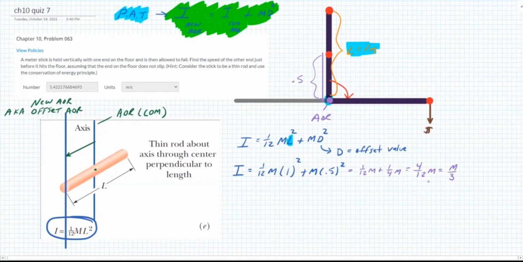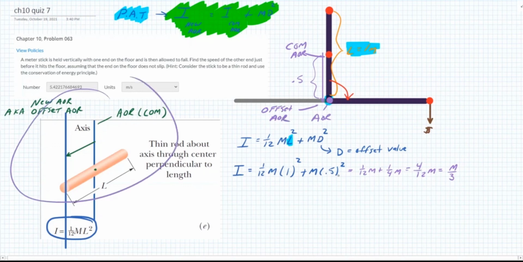This is the rotational mass of my meter stick, because it's not spinning about its center. This is the AOR. It's not spinning around that point. It's been offset down to here. This is the offset AOR. And I have the same drawing going on over here as well. All right, so that looks okay-ish.